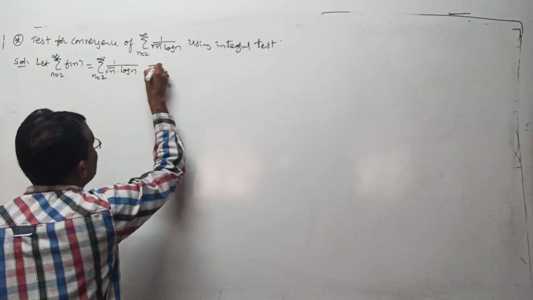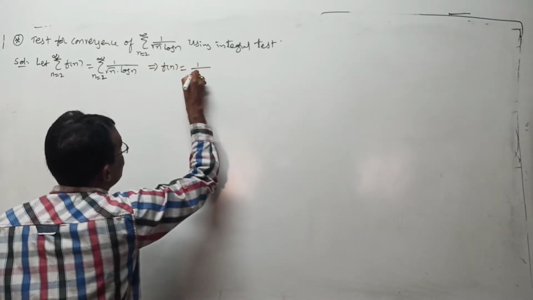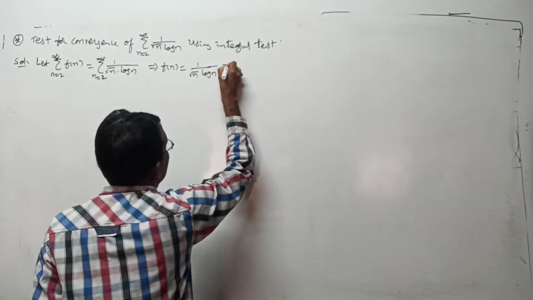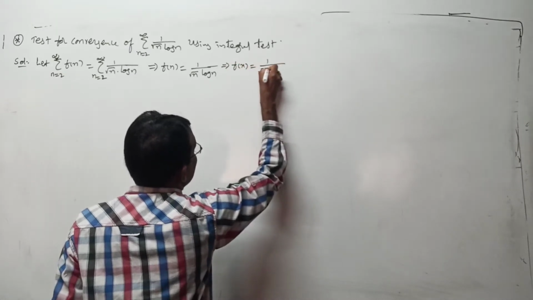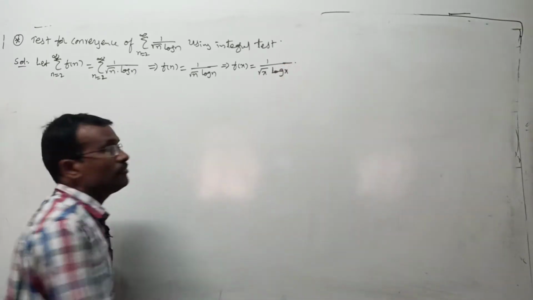From this we can find f of n. f of n is 1 by root n into log n. Now f of x is 1 by root x into log x.